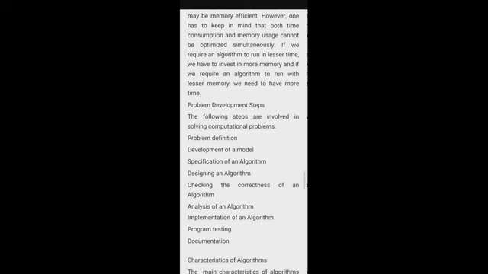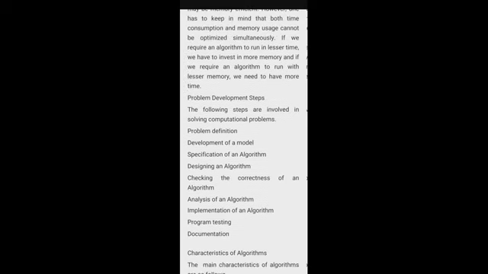So when you see that the output which you desire is not coming forth, you have to go back. Then you check each and every one of the processes or operations which is supposed to be carried out. You check them one after the other.